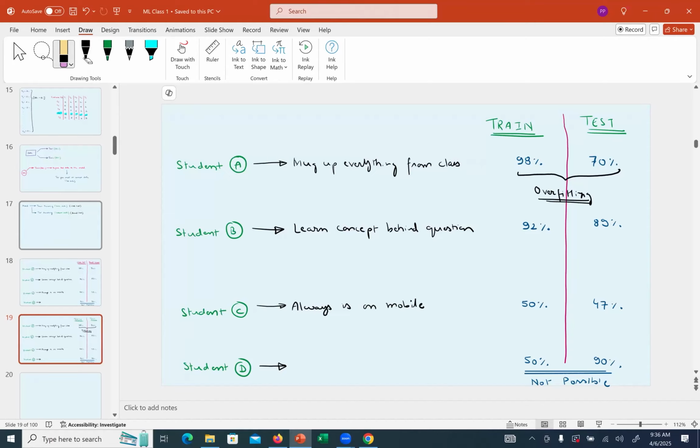In this scenario, where we have good accuracy on both sides, we call it a best fit model.